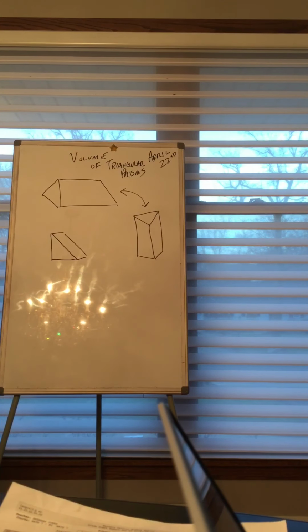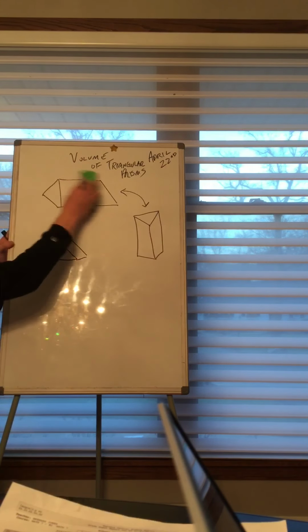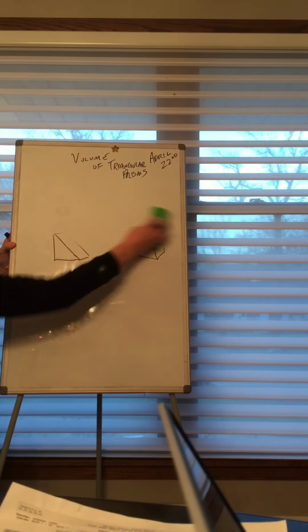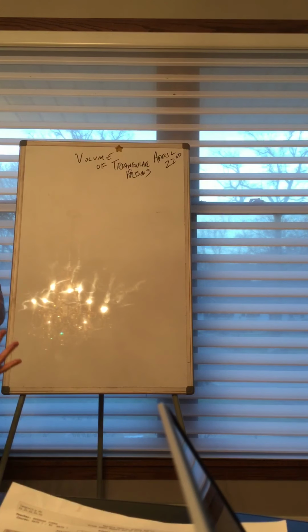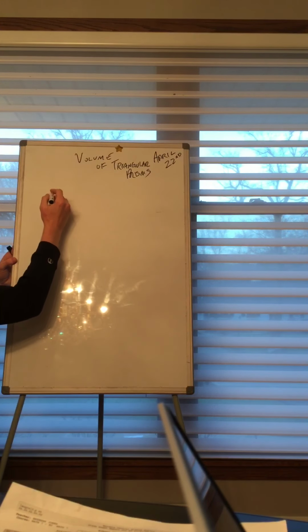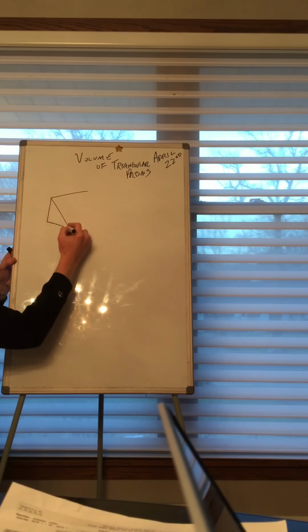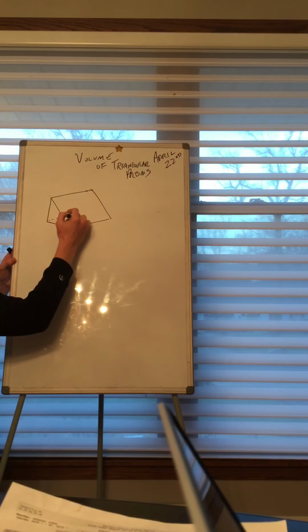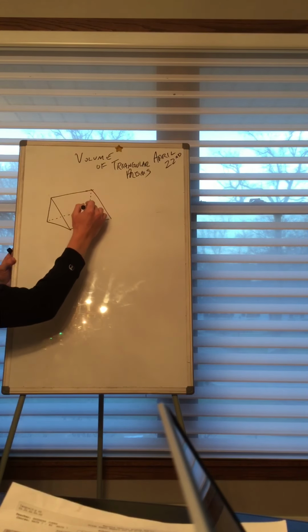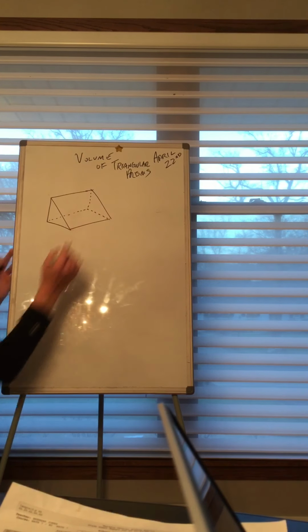Okay, so we're going to talk about how to find the volume of these. And from yesterday, we learned that with the rectangular prisms, you find the area of the base, and you count how many layers, or count the height. Okay, so if we had a scenario of a triangular prism, and I'll put the dots in on the sides, we can't visually see, but we know they're there.